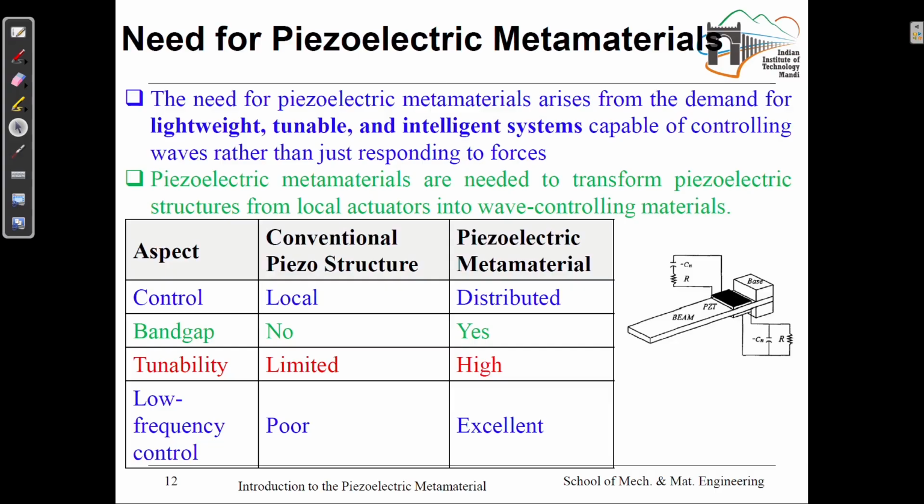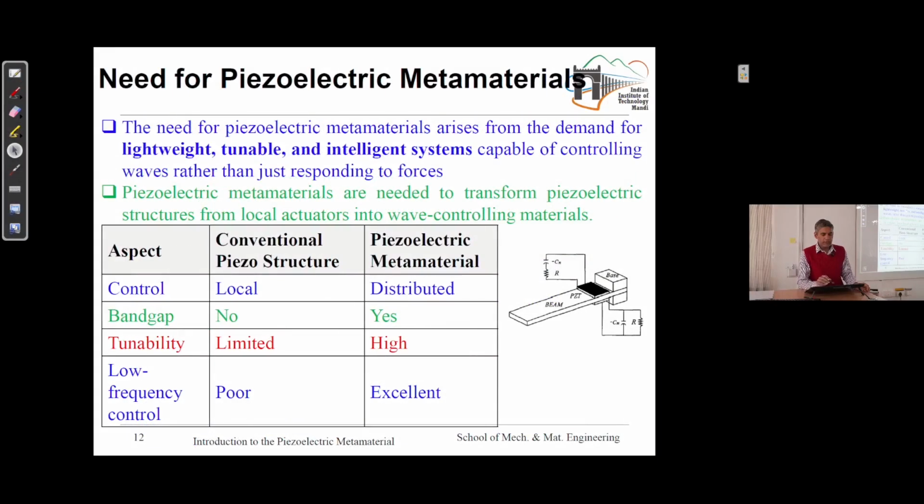So, the need for piezoelectric metamaterials. The need arises from the demand for lightweight, tunable and intelligent systems capable of controlling waves rather than just responding to force, right? Piezoelectric metamaterials are needed to transform piezoelectric structures from local actuators into wave-controlling metamaterials, right?